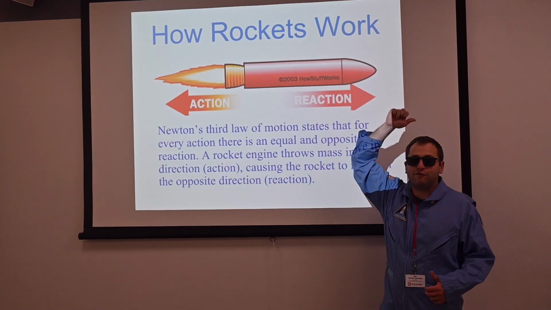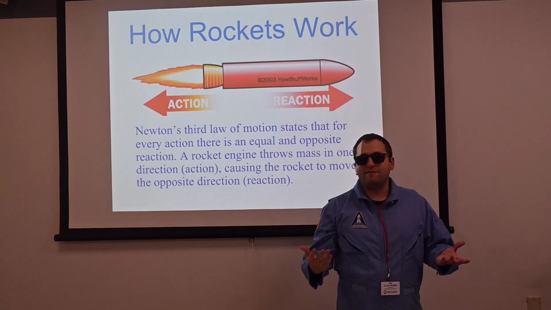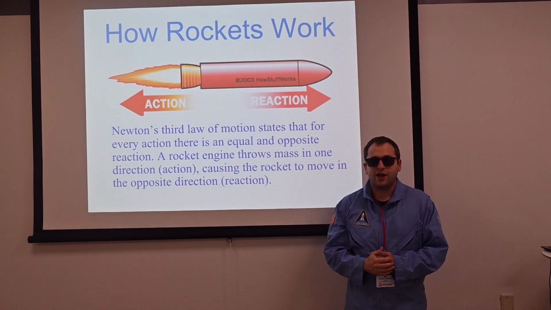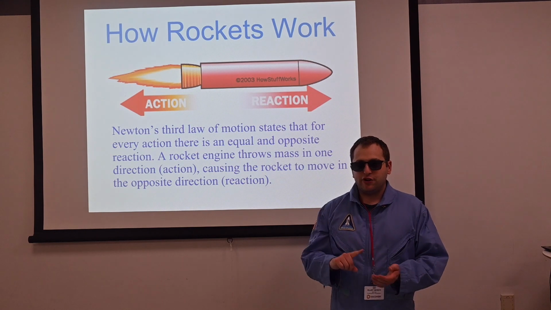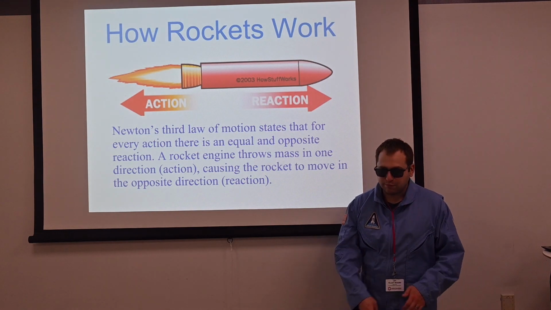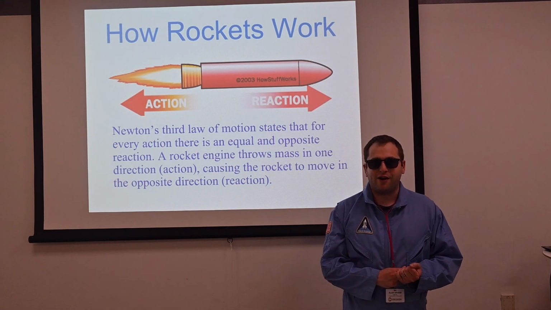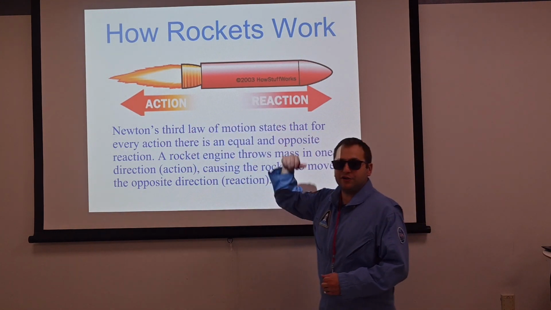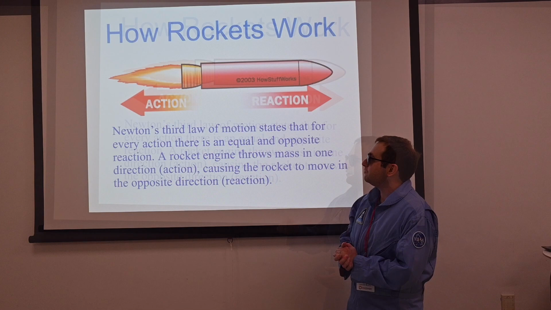An advantage of this is a rocket can work out in space where there's no gravity, there's nothing to push against, there's no air. Just the action of generating the thrust propels the rocket forward.